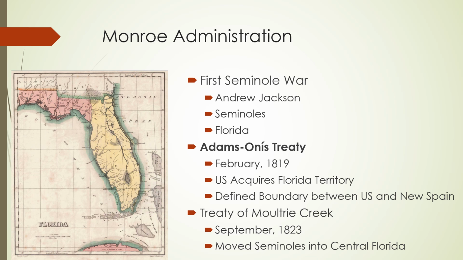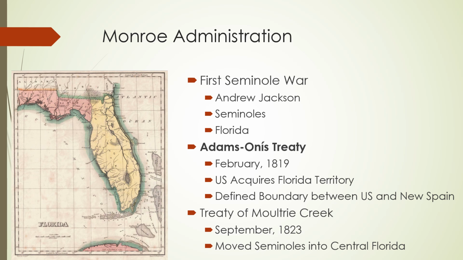Because this land north of Florida belonged to the United States, Monroe had ordered Andrew Jackson. Remember, Andrew Jackson's a military officer. He had ordered Jackson to go down there and to remove the Seminoles from U.S. territory. So Jackson goes down to remove these Seminoles. Now, again, we're talking Alabama and Georgia.